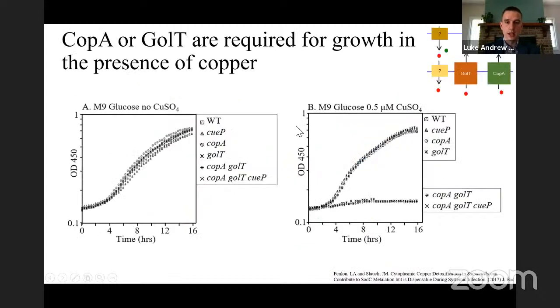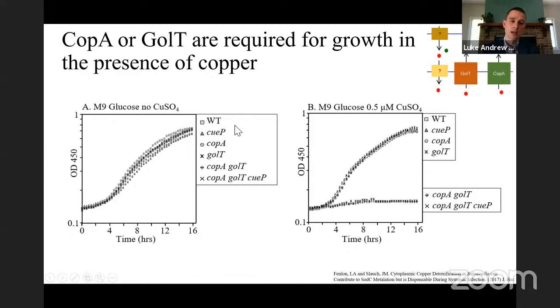The first thing that I wanted to do was to make mutations in copA, golT, and cueP, and just confirm the previous phenotype that the copA golT double mutant has increased sensitivity to growth in the presence of copper. What I'm showing you here are growth curves, just monitoring the OD450 over time. In this one, we're looking at growth in M9 minimal media with glucose and no copper added.